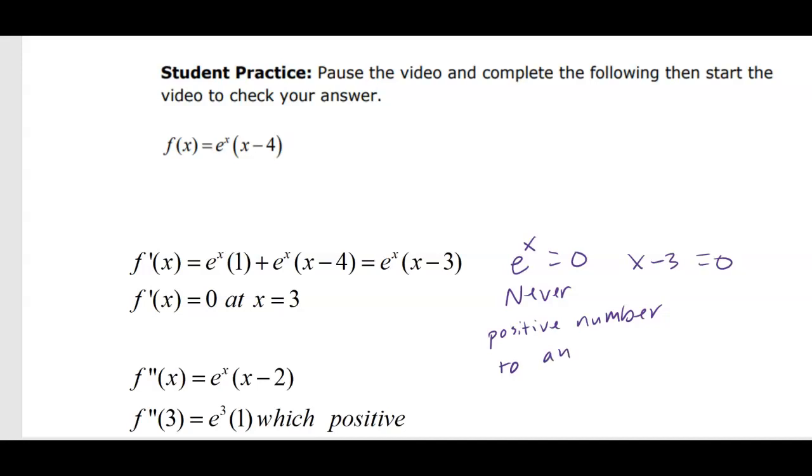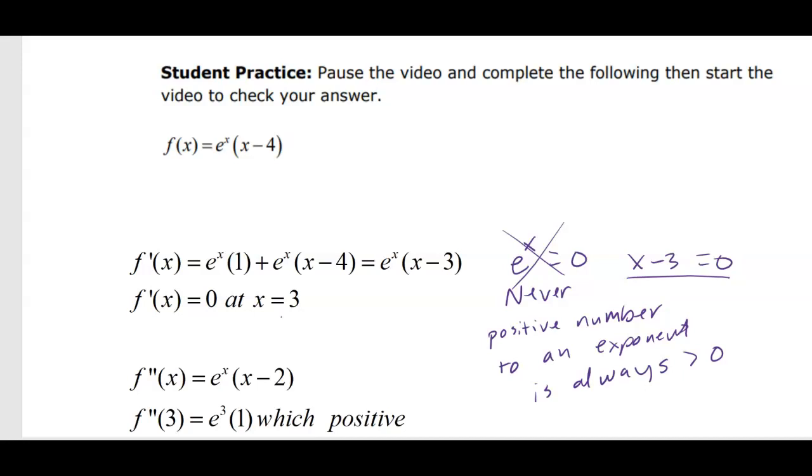It's always positive. It's non-zero. It feels like we ignore it sometimes, but since it can't be equal to 0, we don't need to consider that factor. So I just get this factor, which gives me x is 3.